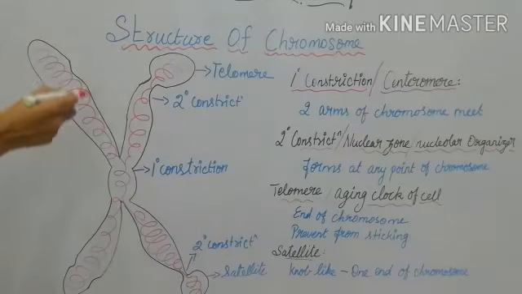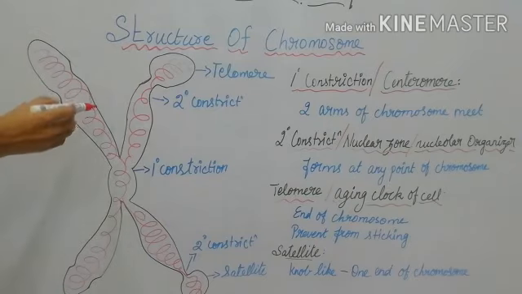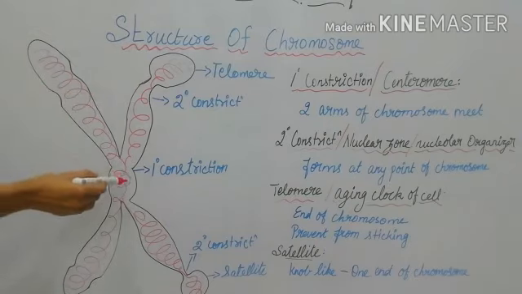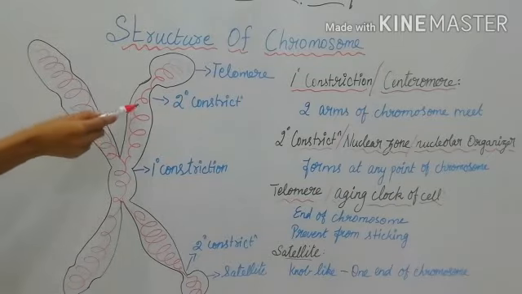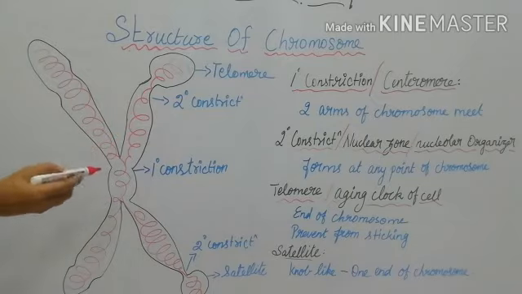The chromosome consists of a narrow zone which is called the constriction, and it contains two types of constriction. They are the primary constriction and the secondary constriction. The primary constriction is made by the chromatids.